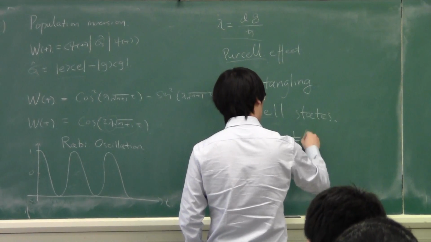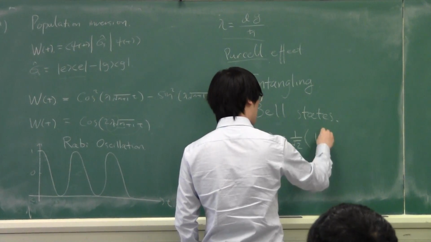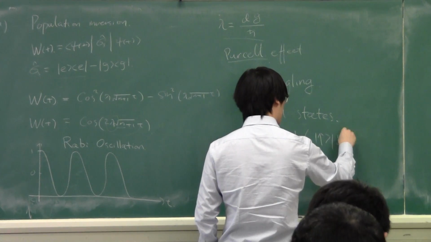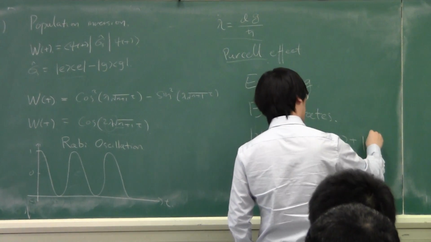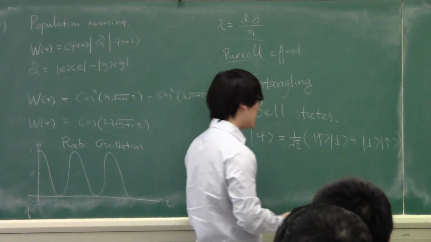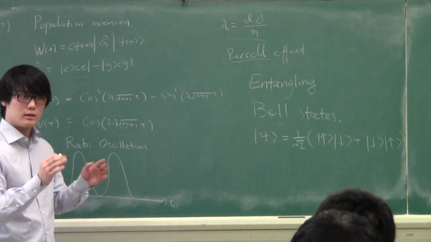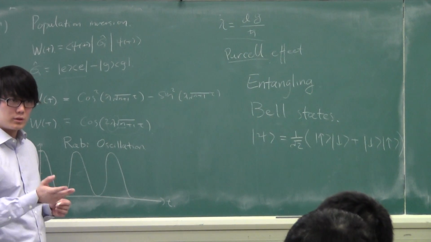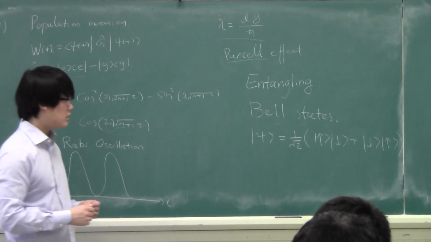Let me write the case with two spins. You could have spin up, spin down, plus spin down. Or in the case of photons, it could be the horizontal or vertical polarization, and we studied that to look at Bell's inequality.